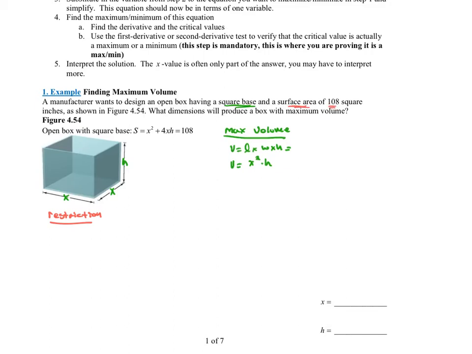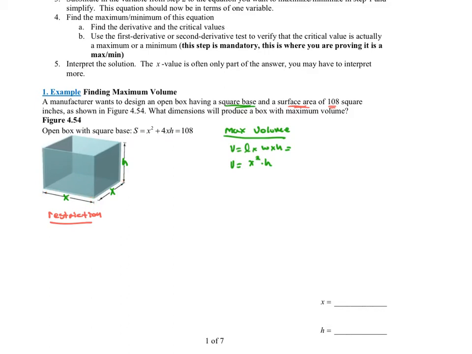So we need to figure out the surface area of this box. And if you look, they actually cheated and gave it to us, but I want to make sure you understand how they got this. So let's think about the base. The base would have an area of x times x, which would be x squared, so that's where the first one is. And then think about the front, the back, and the sides. Those would all be the length or width, which is x, times the height, which is h.